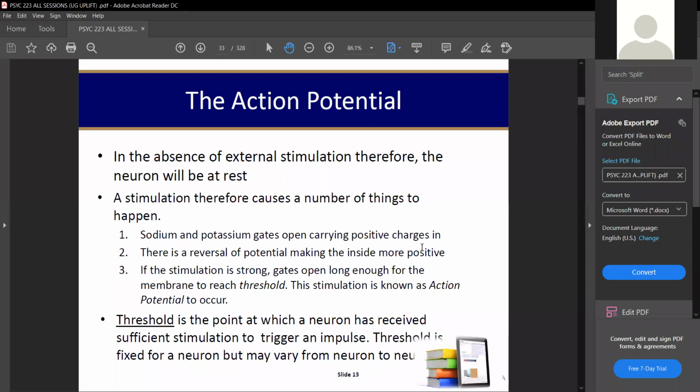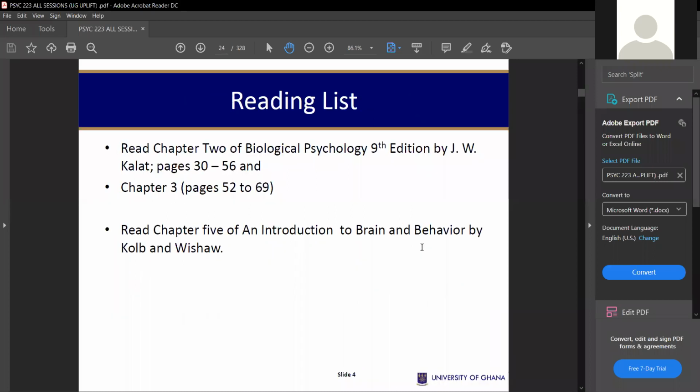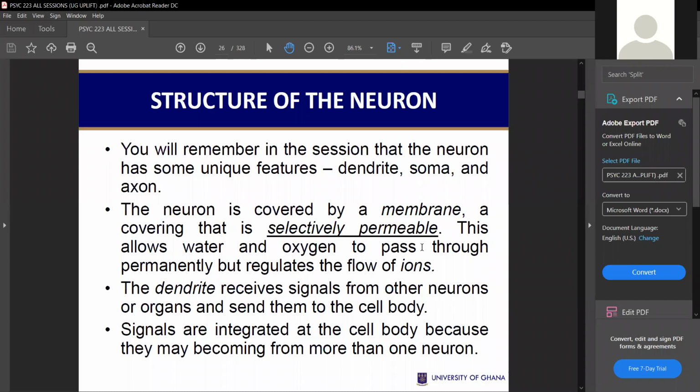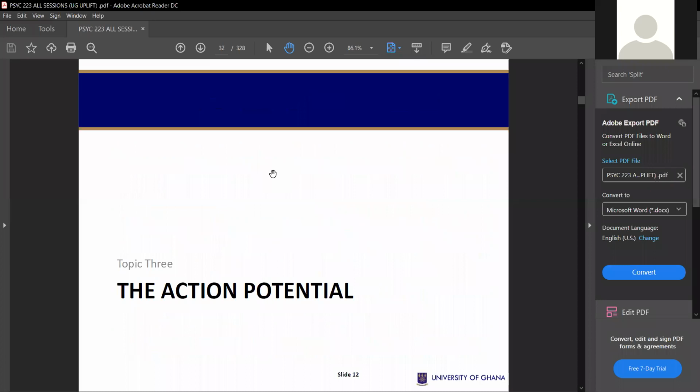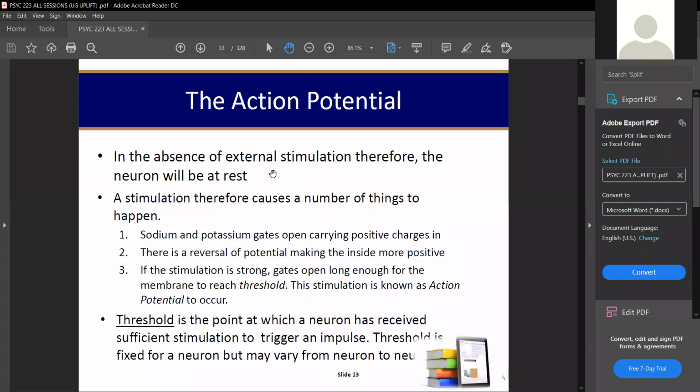Today we wouldn't discuss action potential, or else it will be a whole lot, and I don't want to bombard you with a lot of information. So in our next meeting, we would delve deeper into resting potential and action potential, so that you grasp the concept well.